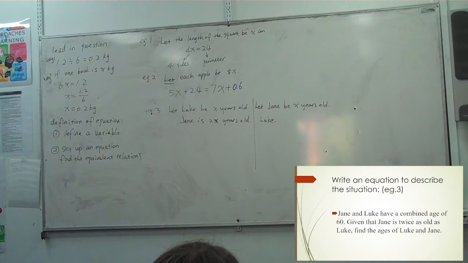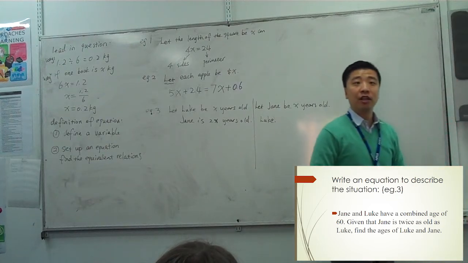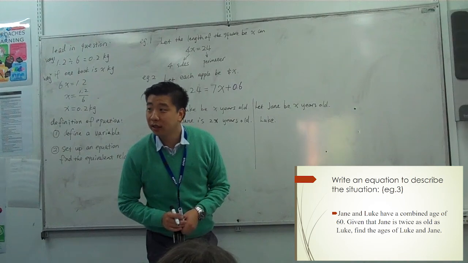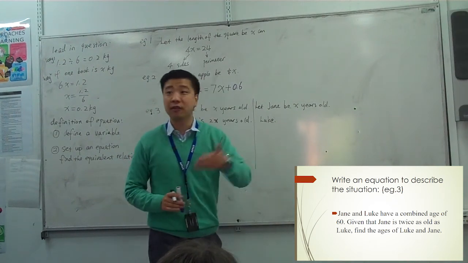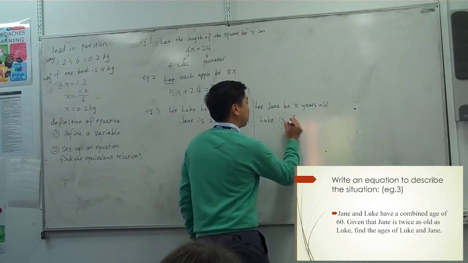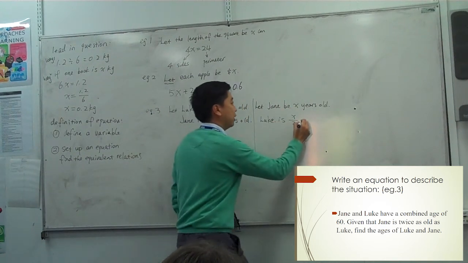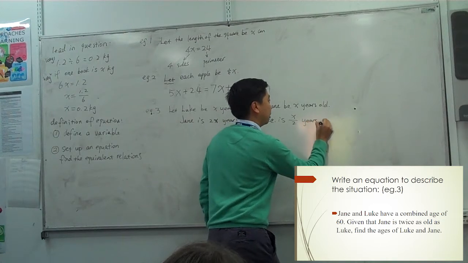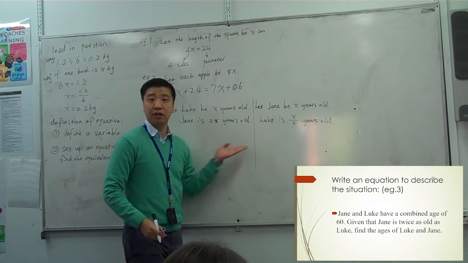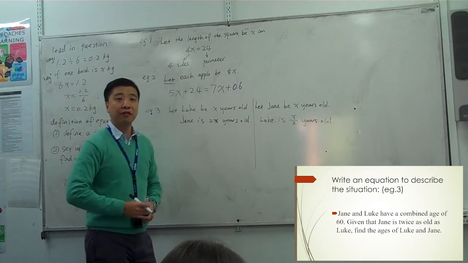Jane is twice as old as Luke. So Jane is x. Luke is times by 2 or divide by 2? Good. Luke is x over 2 years old, divided by 2.